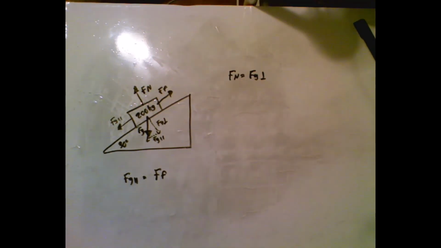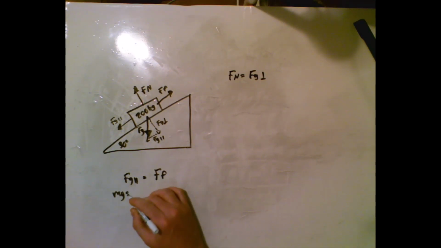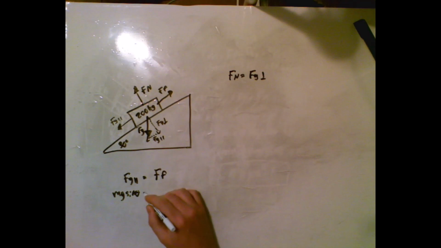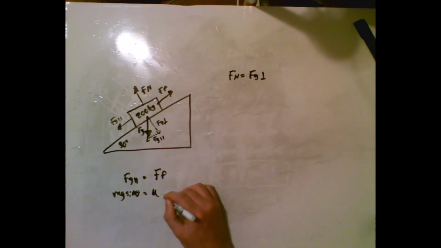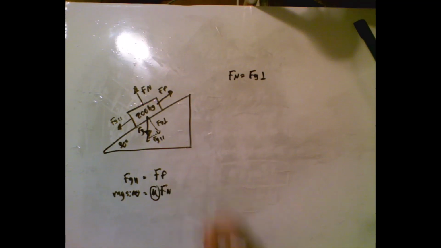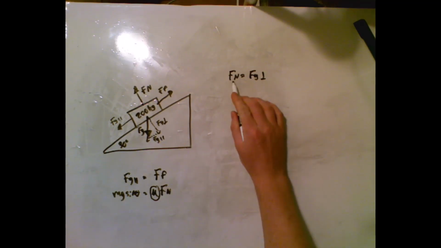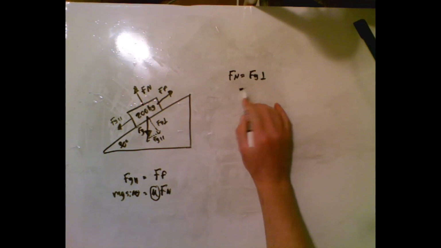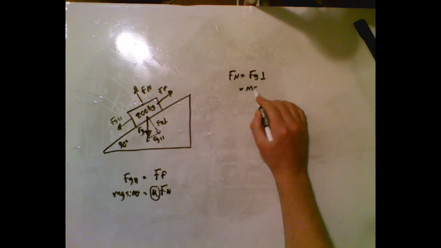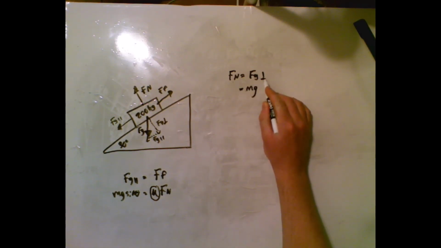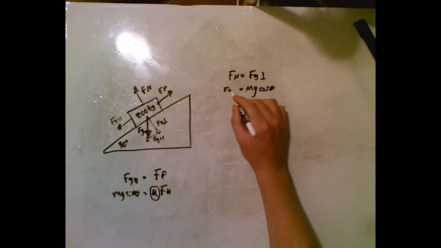So I'm going to break this formula down. Fg I can break down into mg times sine theta. Force of friction equals mu Fn, and that's what we're trying to find to determine the coefficient of friction. I also know that my force normal is equal to this one. Fg always breaks down into mg, and the perpendicular component breaks down into cos.